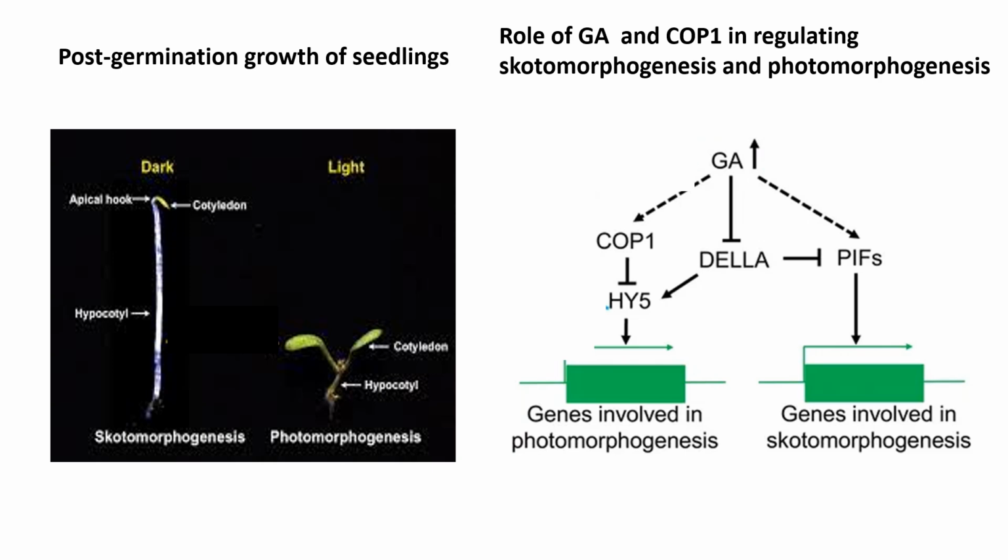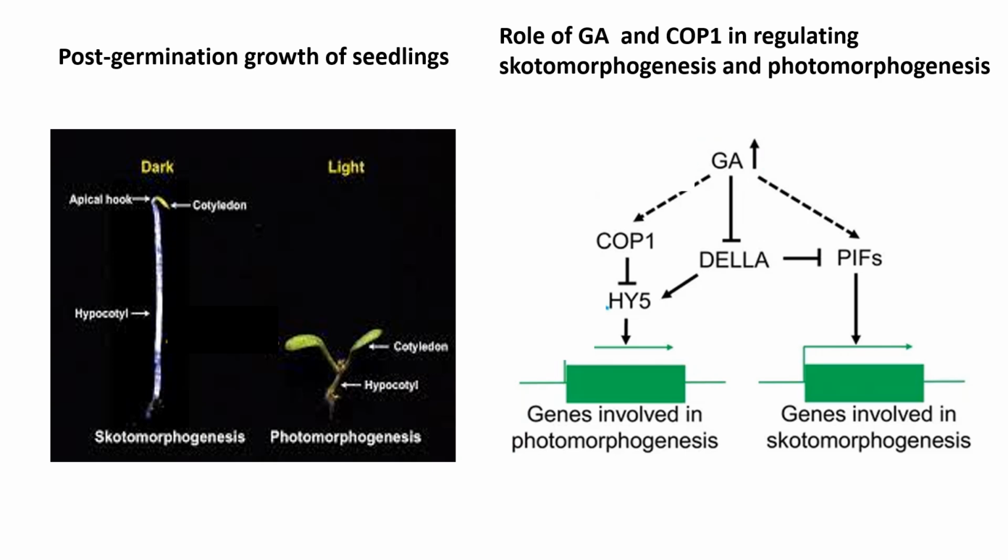This ubiquitin ligase complex is a part of the ubiquitination pathway which marks proteins that are to be degraded through the 26S proteasome pathway. COP1 mutants show a phenotype of light-grown seedlings, that is, they show a loss of apical hook, open cotyledons, and shortened hypocotyls even in the dark.